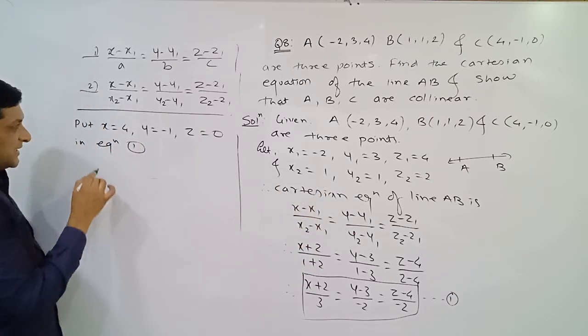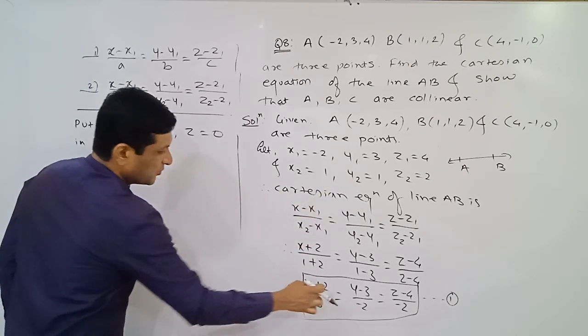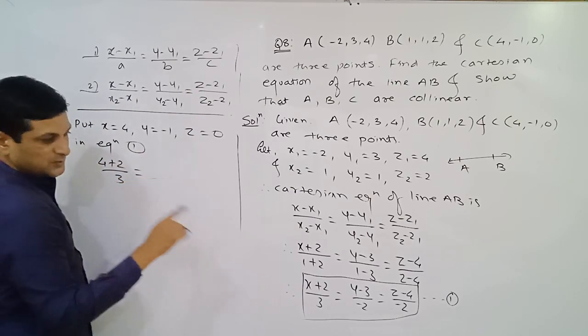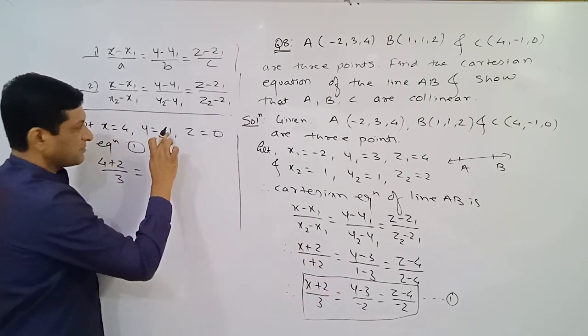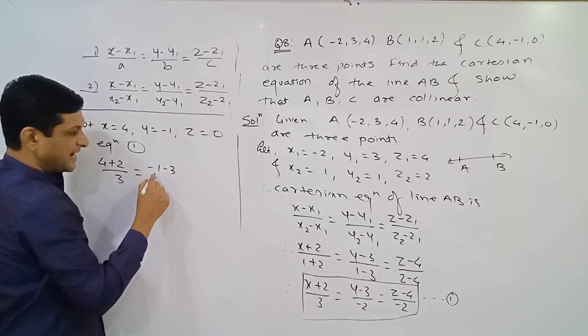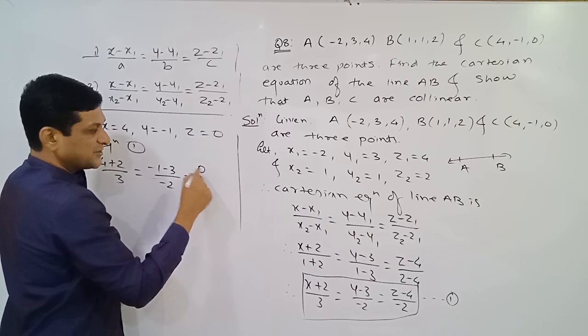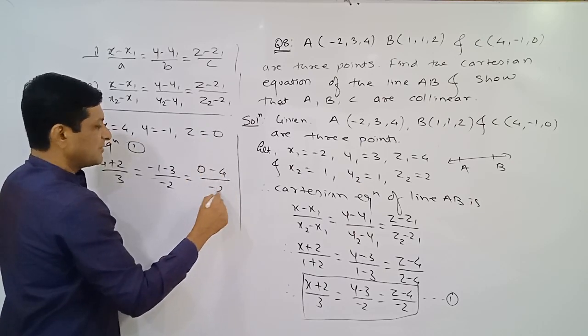So let us see what we get. Replace x by 4: (4 plus 2) upon 3 is equal to, y replaced by minus 1, (minus 1 minus 3) upon minus 2 is equal to, z replaced by 0, (0 minus 4) upon minus 2.